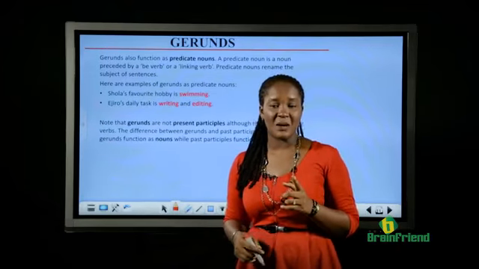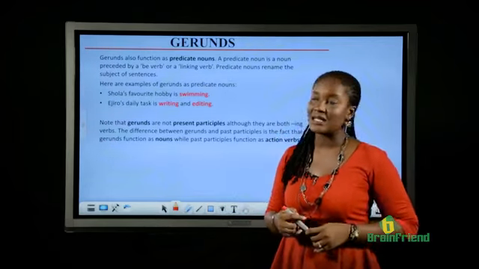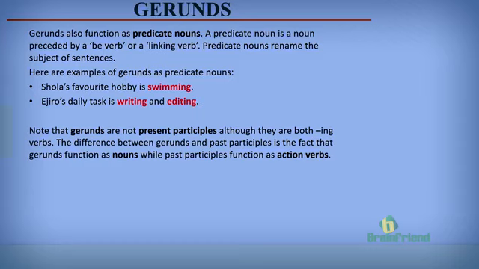Another function of gerunds, apart from being the subject or object of a sentence, is that they function as predicate nouns. What is a predicate noun? A predicate noun is a noun preceded by a be verb or a linking verb.